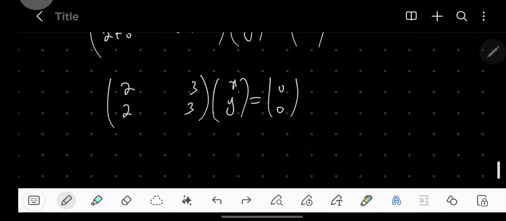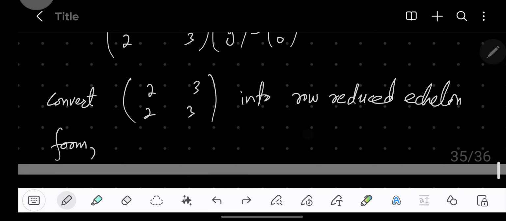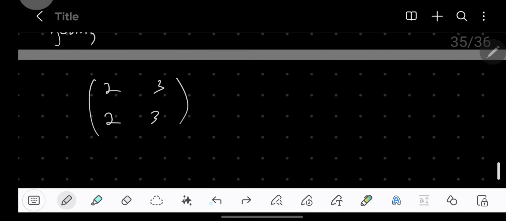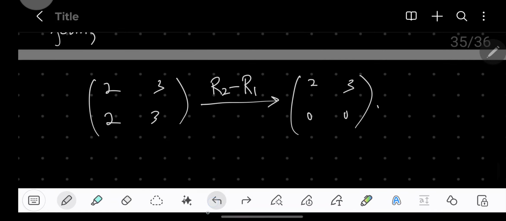Now, in order to solve it, I will again convert this coefficient matrix into row reduced echelon form. Here we will make 0 first. So we will use the R2 minus R1 operation, because above is also 2.